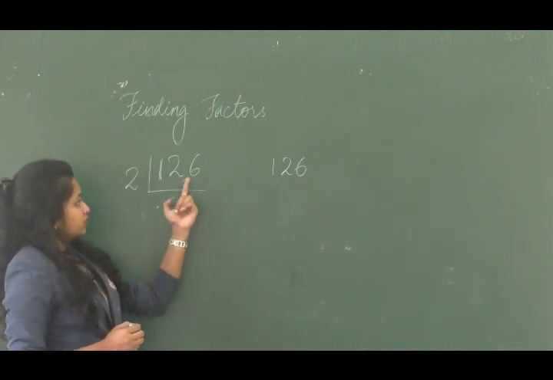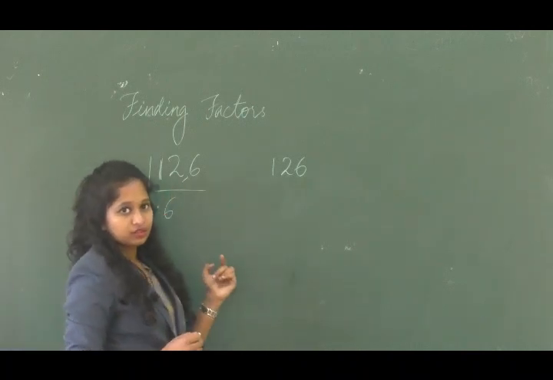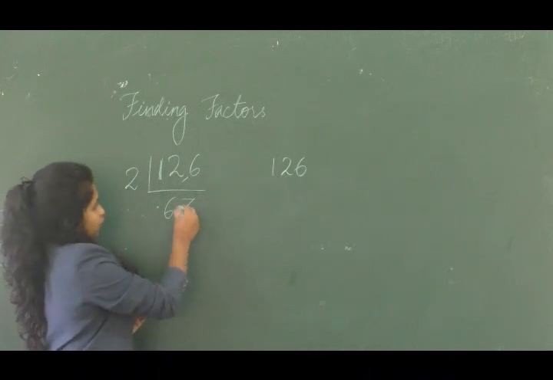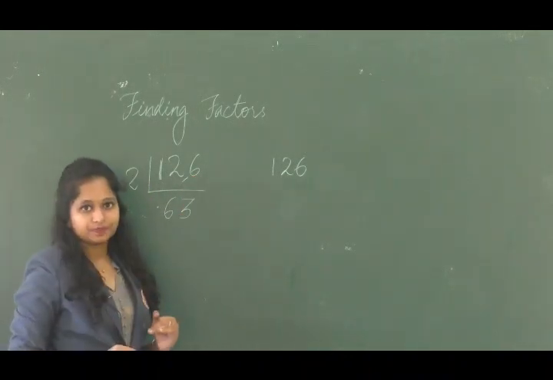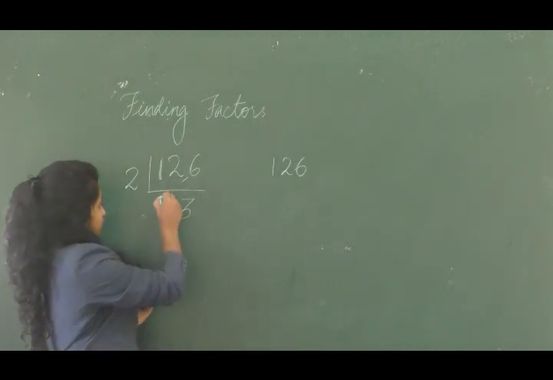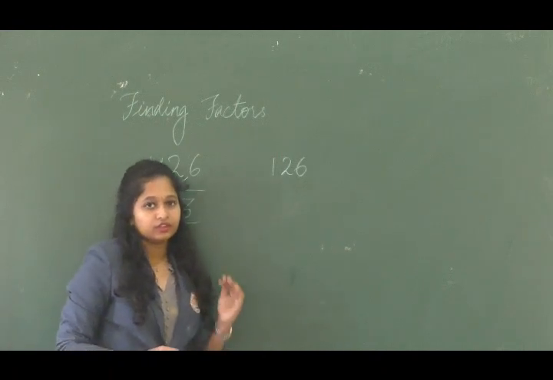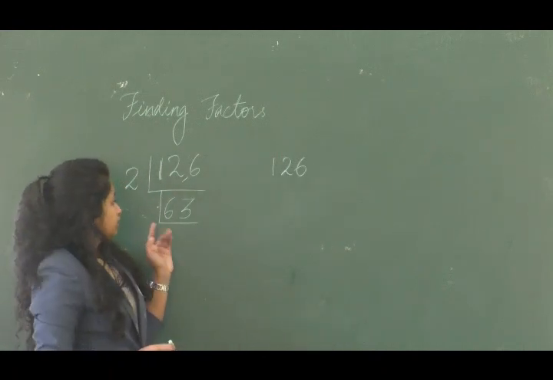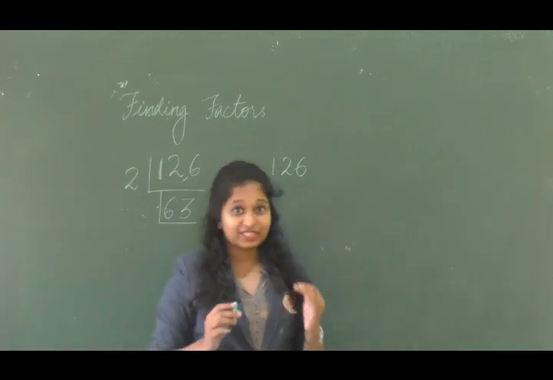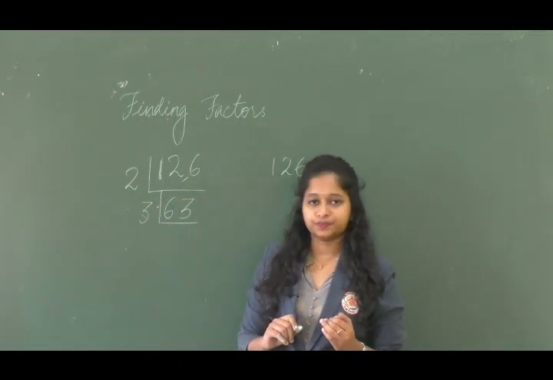Next, we have 6. 6 is divisible 3 times. So 3 into 2 is 6. Now we got 63. 63, we can divide by 3. Yes? By 3.